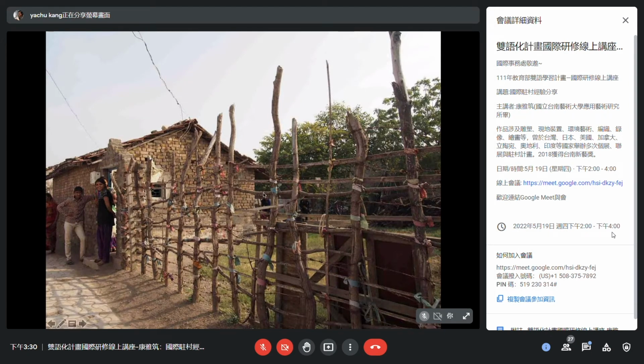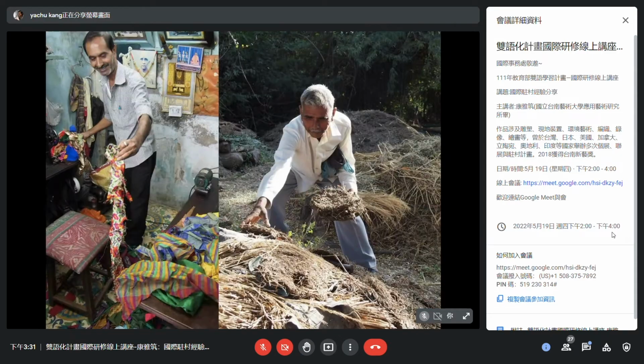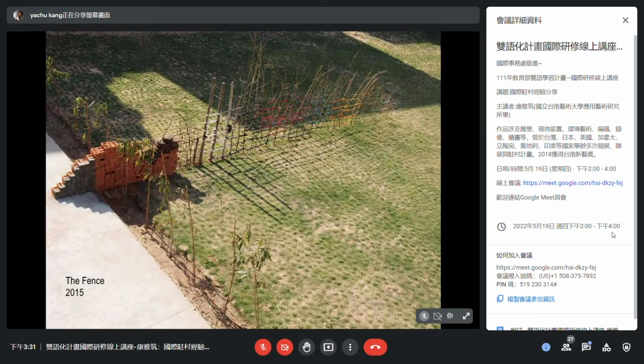They were using these sticks to build this fence outside of their house to separate the garden and the road. So I start to collect different material like 5 elements: metal, wood, water, fire, and earth. Collect the scrap textile from the market and the cow dung and create this work called the fence.